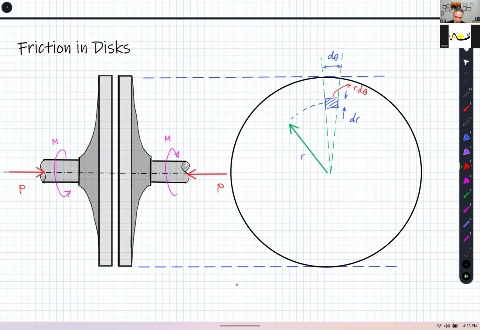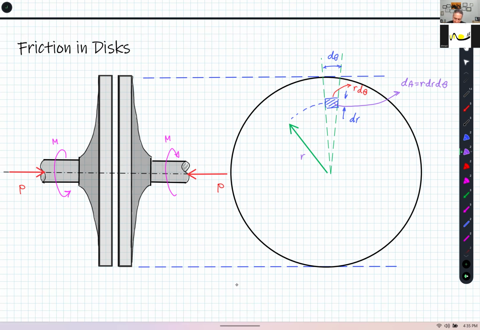And the area of this element, if we call it dA, is going to be r dr d theta.